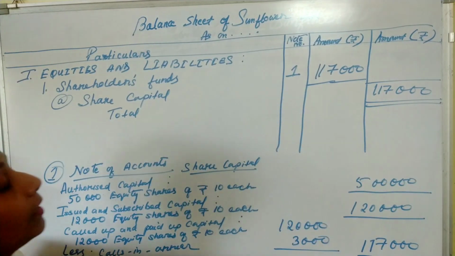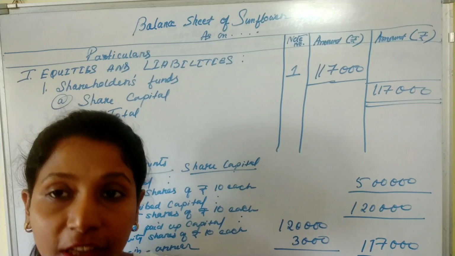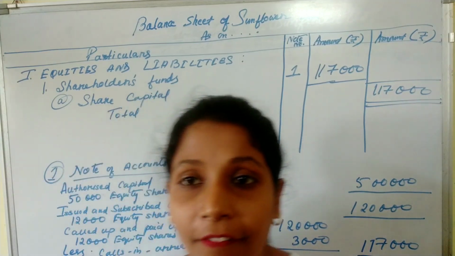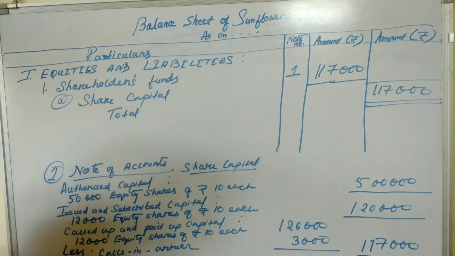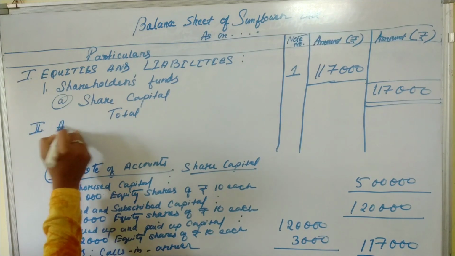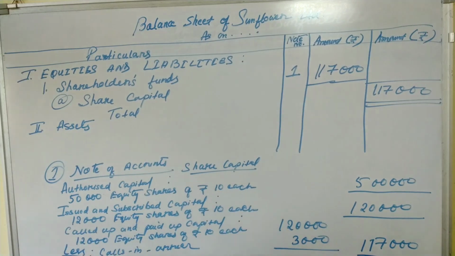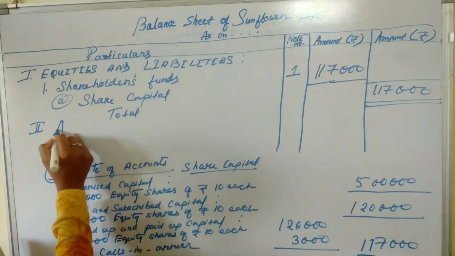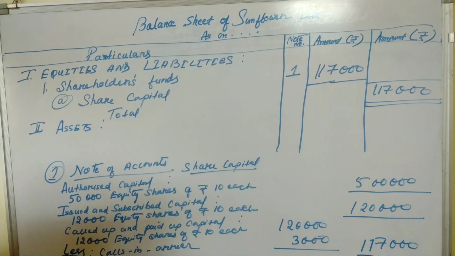Now our second thing in the journal is the cash and cash equivalents. This cash is what? This is a current asset. So it will come under assets in the major heads. So our next major head is assets. Now what is the subhead?